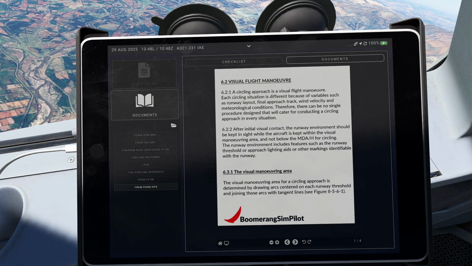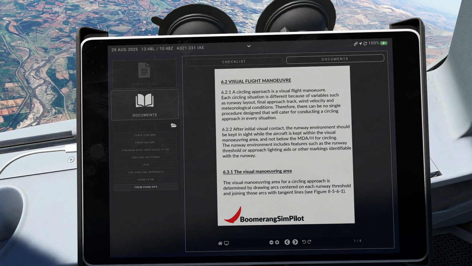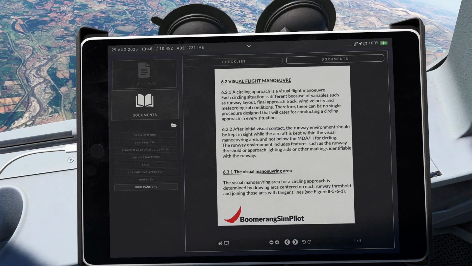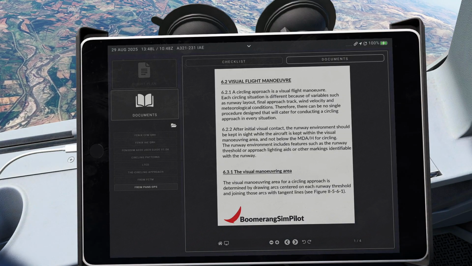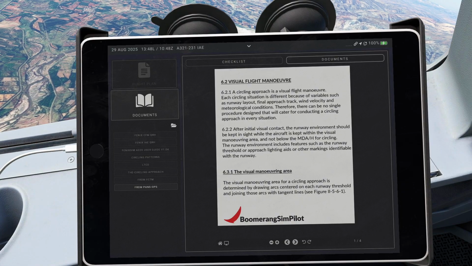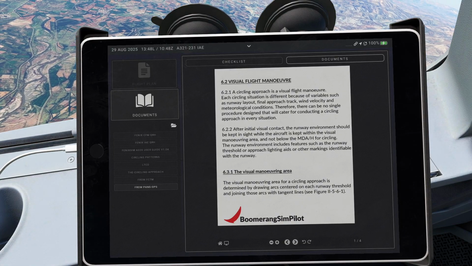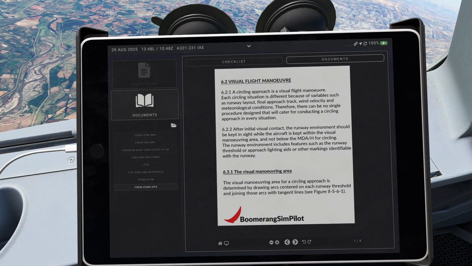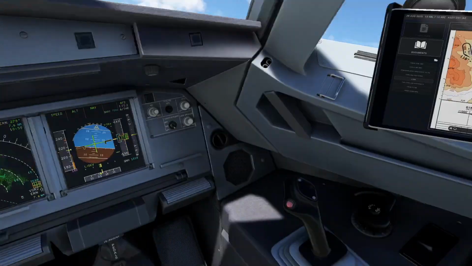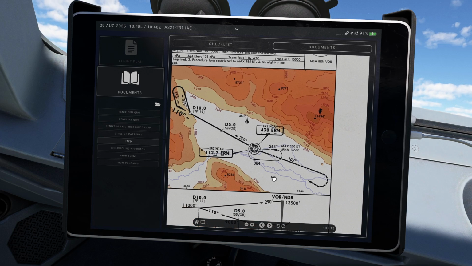Therefore, there can be no single procedure designed that will cater for conducting a circling approach in every situation. I told you that we have 4 patterns to convert the final stage of an instrument approach, which is for VOR Alpha, into a circling or circle-to-land procedure.